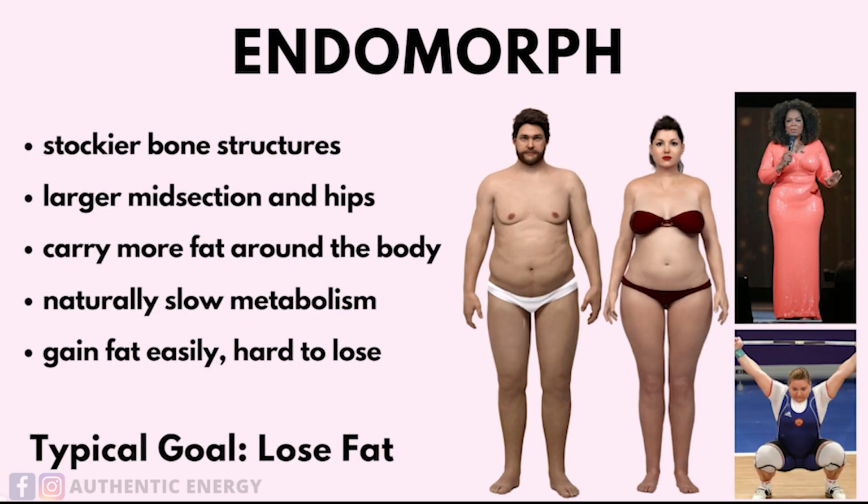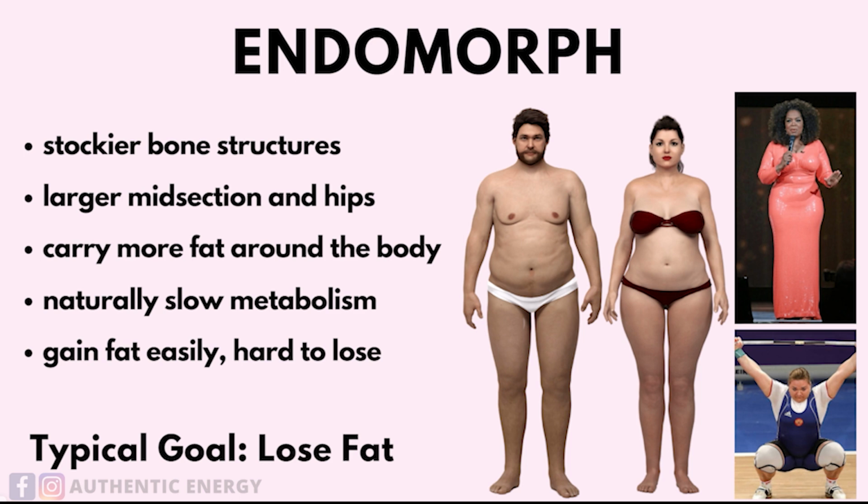Now, moving on, the next one is endomorph. Endomorphs are, visually, a bit more round. They have stockier bone structures, a larger midsection, and larger hips, as you can see in the picture here. Endomorph bodies tend to carry more fat throughout the whole body, and you can visibly see that.